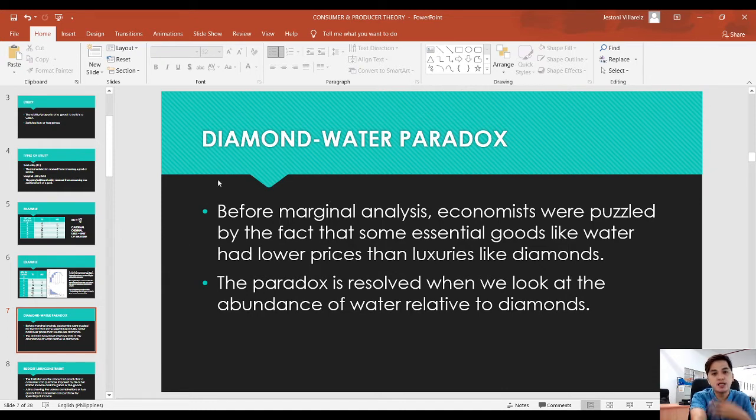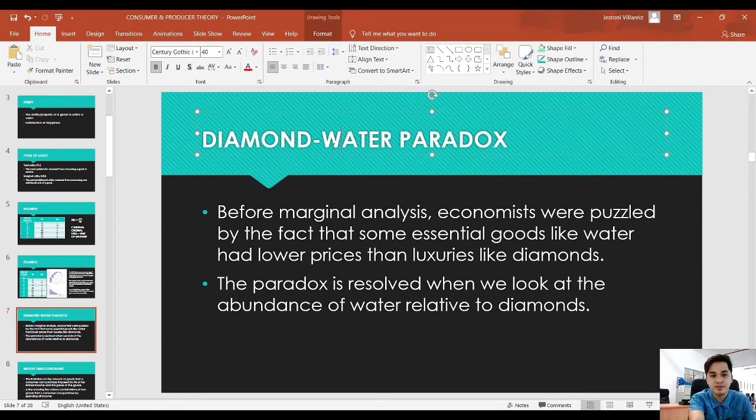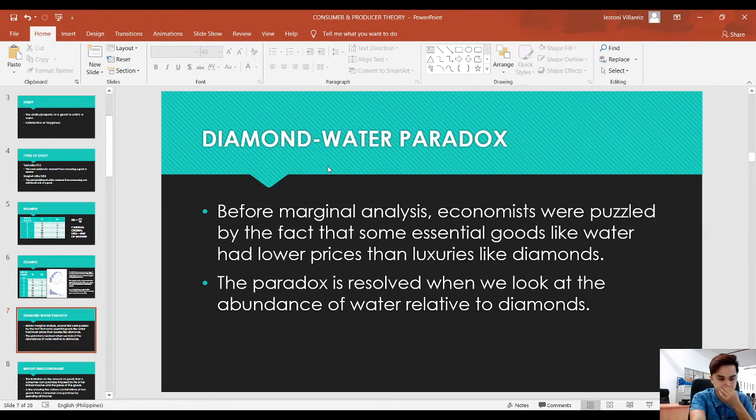Well, obviously, you will choose water. You will value water more compared to diamond, since, based on the situation, you're in the middle of the desert and you need water to survive. If you choose diamond, obviously you will die or become dehydrated because diamond cannot help you. Now, where does marginal utility analysis come in with the diamond-water paradox?